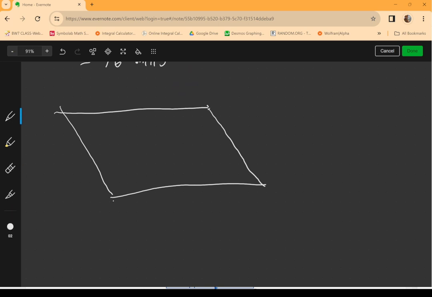All right, and so we're told it's a rhombus, right? So I can assume it's a rhombus, opposite sides are parallel. And the other pieces of information that we are told are that this angle is 60 degrees. All right, and the length of each side is 8.